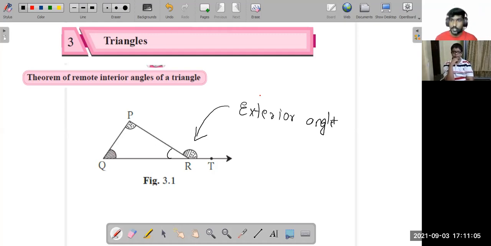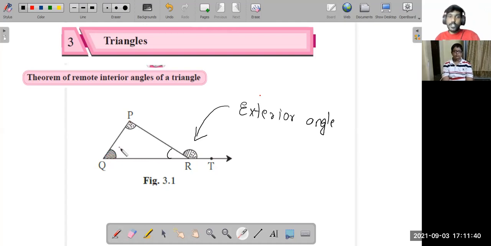Why is it called exterior? Since it is outside the triangle, we call it the exterior angle. But although it is outside, it is very much part of triangle PQR. Now, what does this theorem say? Suppose this is the exterior angle. The remote interior angles are these two.